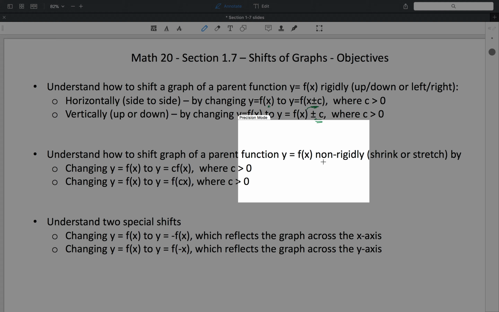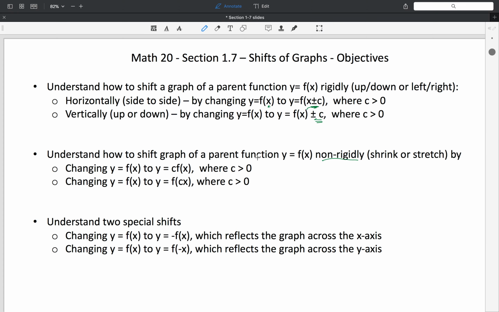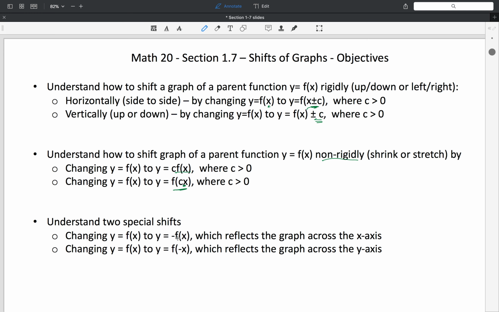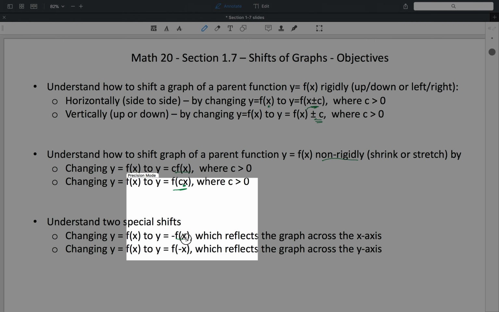Now, the other kinds of shifts are non-rigid, and that's when we shrink or stretch. What you do here is you either multiply the function on the outside by a number greater than or equal to 0, or you take x, multiply it, and then apply the function. And there are two special ones. One is when you multiply the function by -1. When you do that, you reflect it across the x-axis, and a reflection here just means to flip; you don't really change it. We'll talk about why.